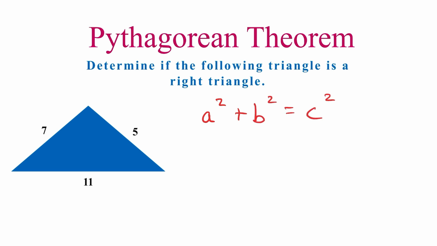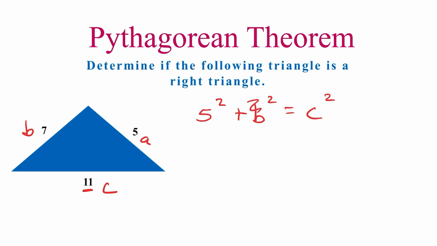That means the area of the squares that we grow out of the two smaller sides is always equal to the square off of the largest side. These are easy to label because we know the largest one has to be C, then the other two have to be A and B. This time we're just going to put all of them in, okay? Instead of A, we're going to put a 5.